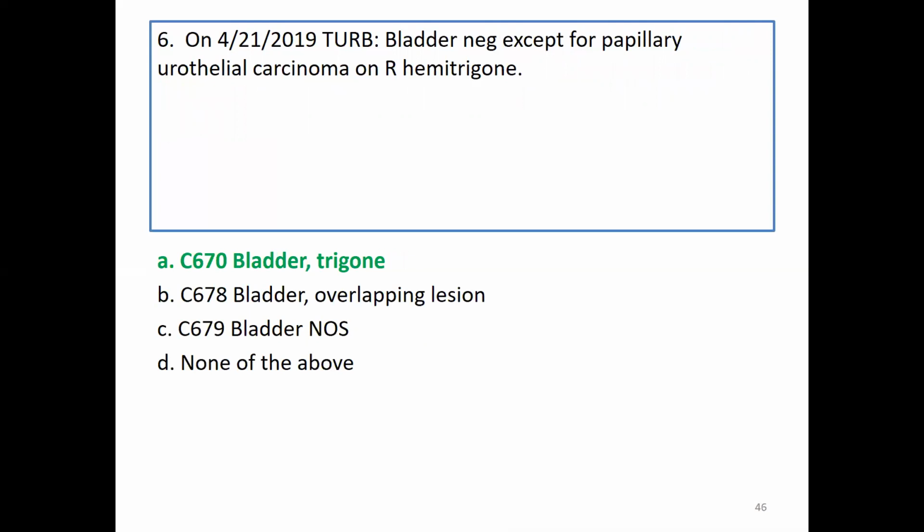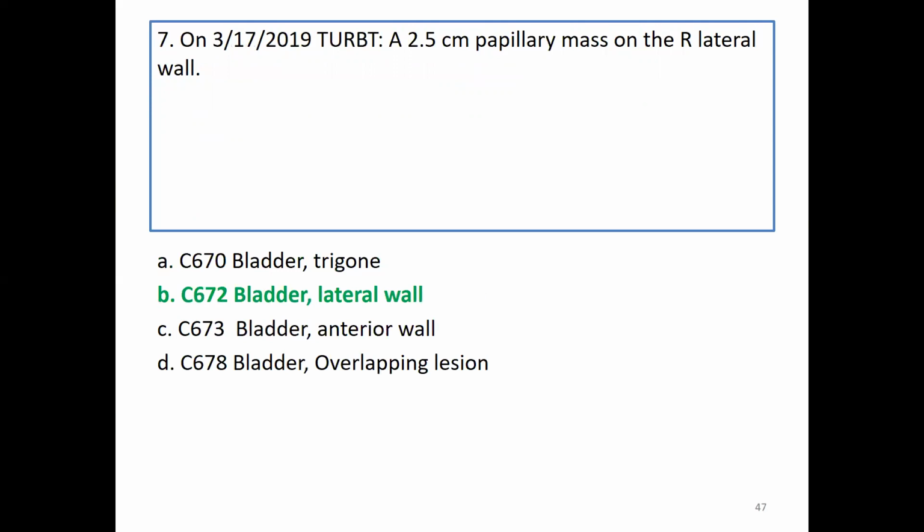This one, the bladder is completely negative except for a papillary urothelial carcinoma in the right hemitrigone. And so the correct answer is A, bladder trigone. Number 7, the papillary mass was on the right lateral wall. So the correct answer is B, bladder lateral wall.